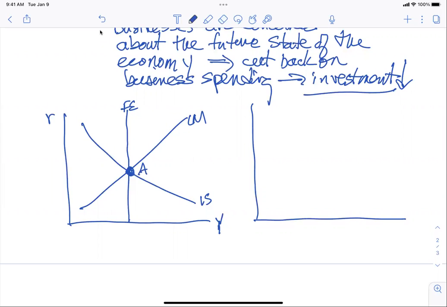And here is aggregate demand. These two work hand in hand. They're both models of general equilibrium.